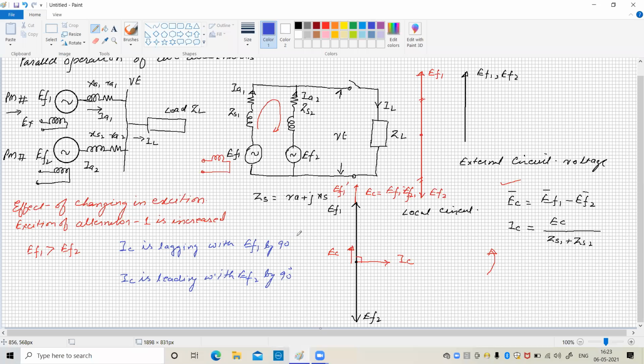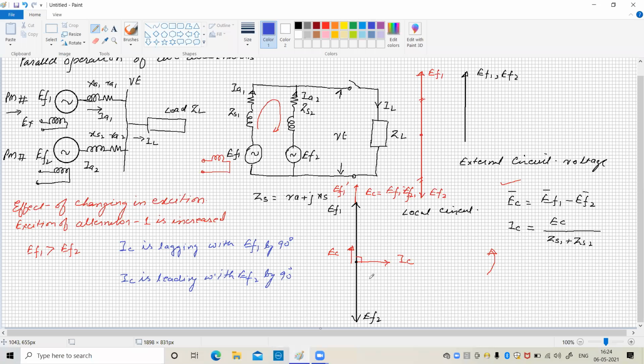Quite clear? This is a very basic point to understand, because there are multiple topics related to local circuit voltage, lagging currents and leading currents. So again I will repeat: under parallel operation, the voltages induced in generator 1 and generator 2, EF1 and EF2, are the same. In the external circuit, they are represented by a single voltage, EF1 and EF2 in the same direction.